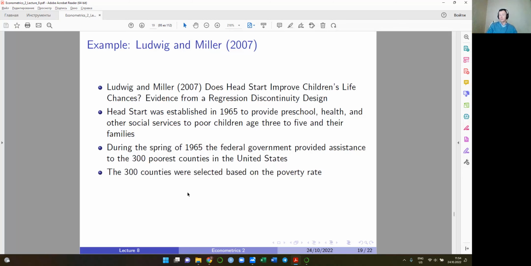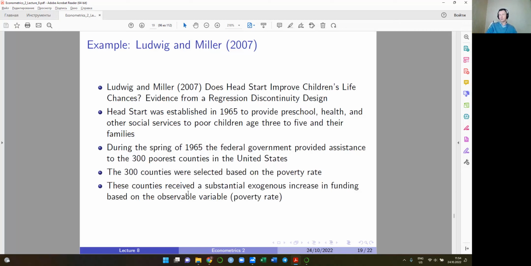And these 300 poorest have been selected based on the poverty rate, computed in 1960, I guess. And these counties received a large exogenous increase in funding. Why? Because initially they were the poorest, and then the federal government decided to help them. It is based on the observable variable poverty rate.